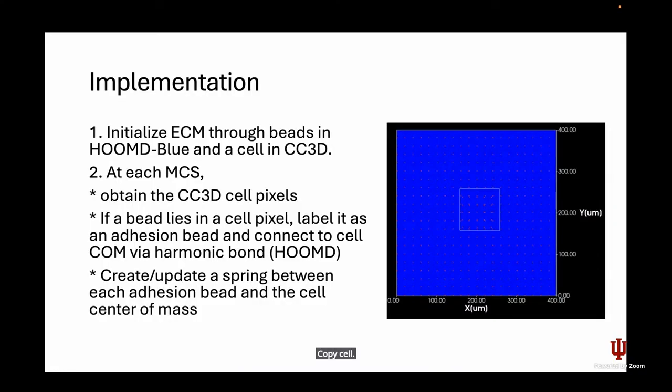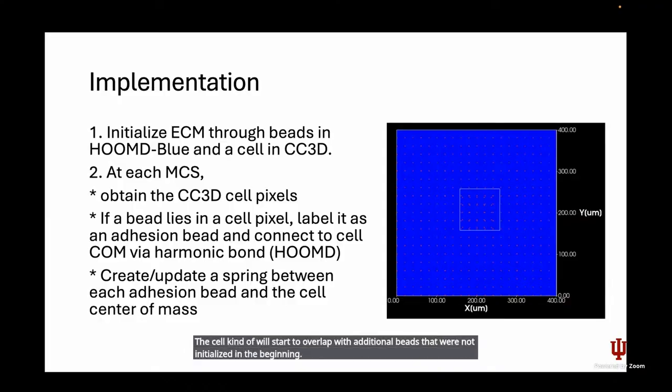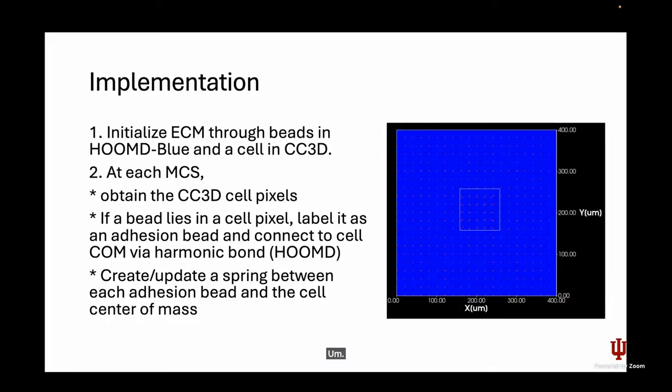Then at each MCS step, as the cell moves around, the cell will start to overlap with additional beads that were not initialized in the beginning, and then we update the bonds.